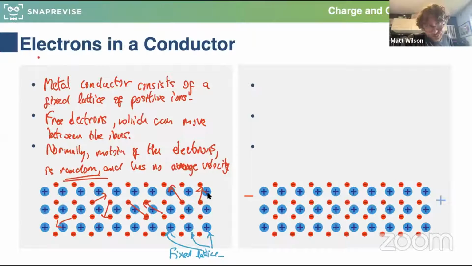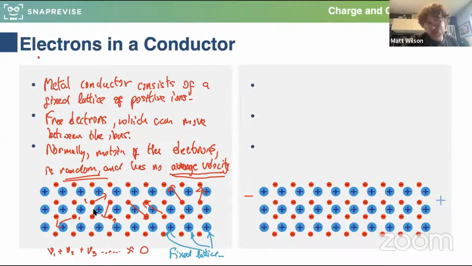Okay, good. Now, what are we saying about average velocity here? Well, to calculate the average velocity of all of these electrons together, let's say this is electron 1, electron 2, electron 3, we would add together the velocity of number 1, velocity of number 2, the velocity of number 3, and so on. Now, it turns out that this is going to be roughly 0. Why is it going to be roughly 0? Because it's random. If you look at electron number 1 here, for instance, it's going down and to the left.